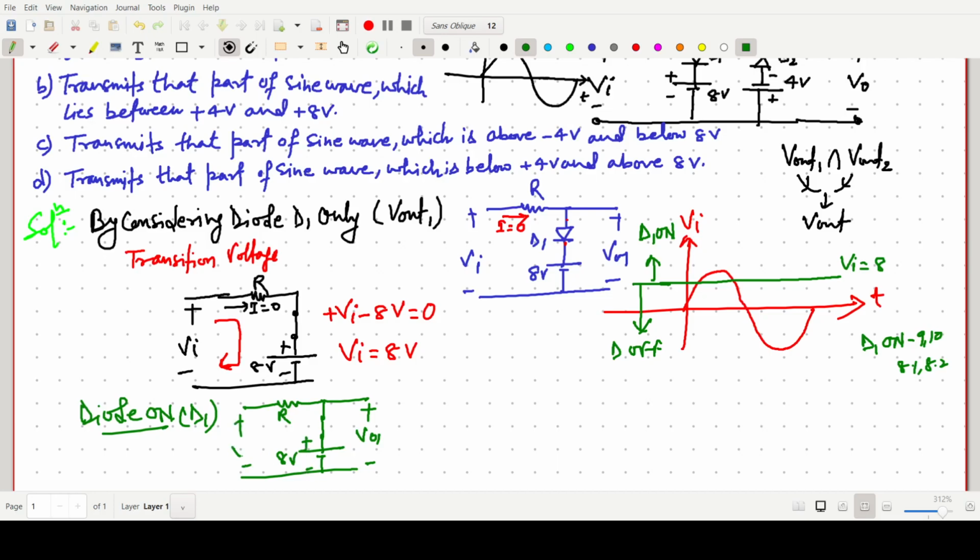Just apply KVL in this loop. We can write plus V naught 1 minus 8 volt equals 0. So V naught 1 equals 8 volt when the diode is on.